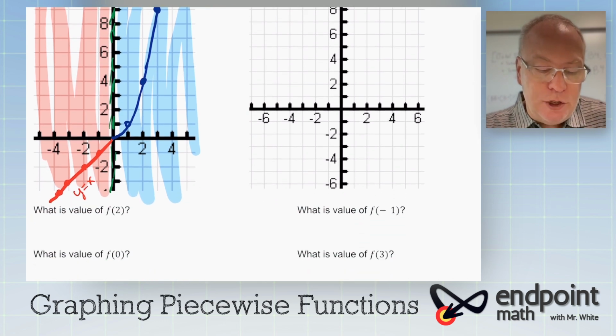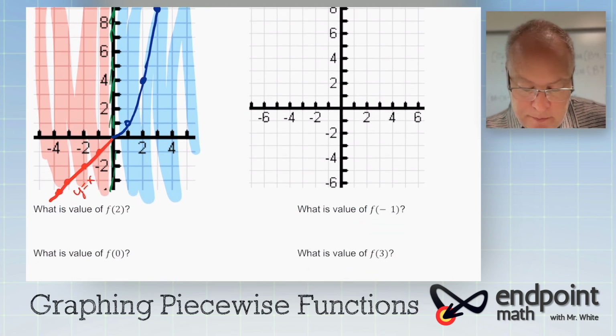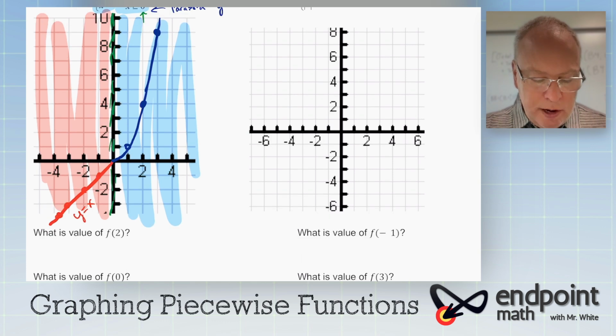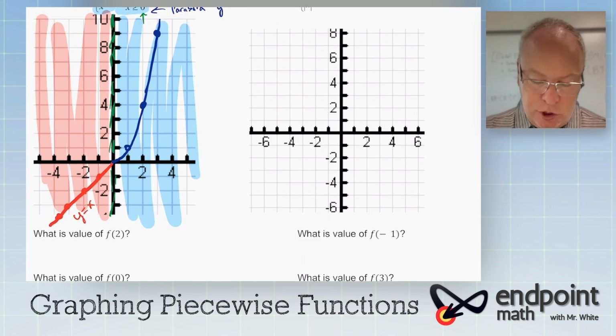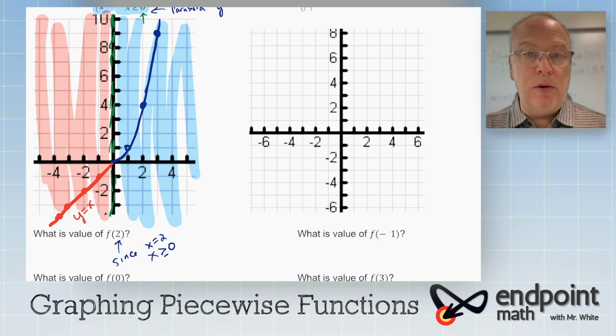All right, we have some questions down below. We can now read it off the graph or think about it with the function. What is the value of f of 2? So since x equals 2 is greater than or equal to 0, I'm using blue because we're on the blue function.